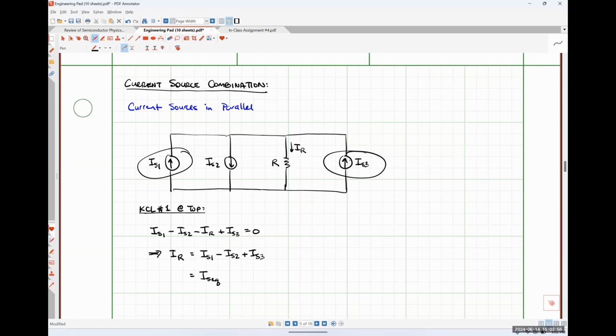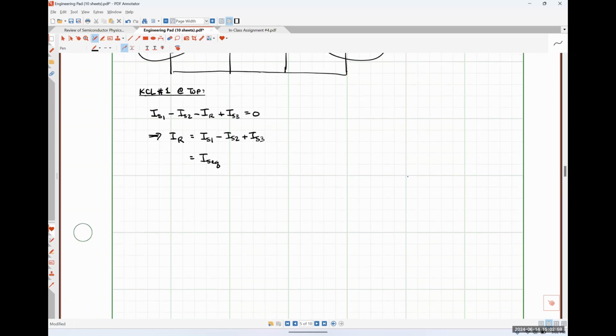So just to work a quick numerical example. Let's say that I have 3 amps, 1 amp, an 8 ohm resistor, and a 2 amp source like so.